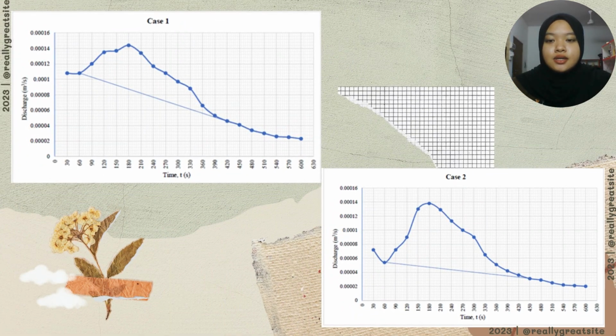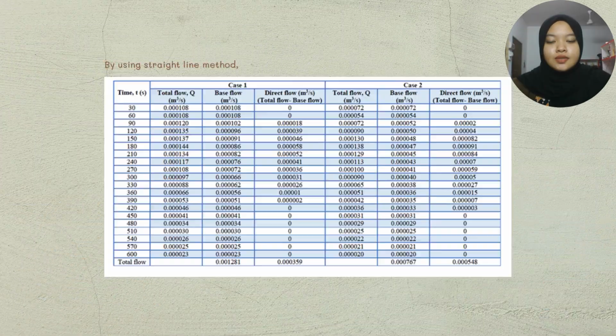This is the analysis that we get from the recorded data. Here we have two graphs for case 1 and case 2. The x-axis is time in seconds and the y-axis is discharge in meter cubed per second.